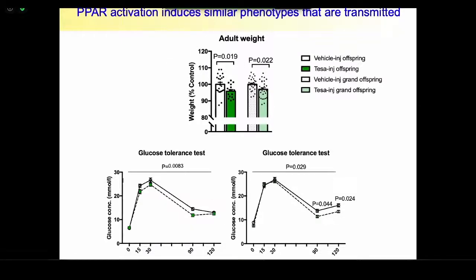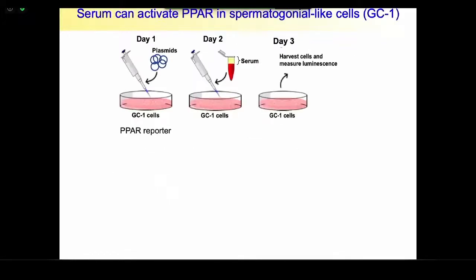And indeed, we saw that in both the direct offspring and the grand-offspring, adult weight was decreased and glucose was reduced on a glucose tolerance test in both generations. So suggesting that PPAR activation and PPAR pathways may be one of the pathways that link these alterations in lipid metabolism to germ cells in vivo.